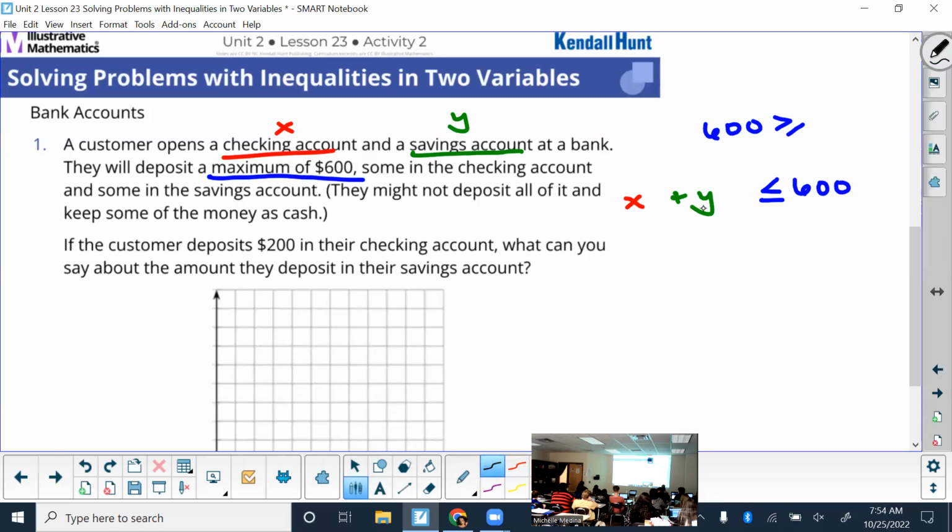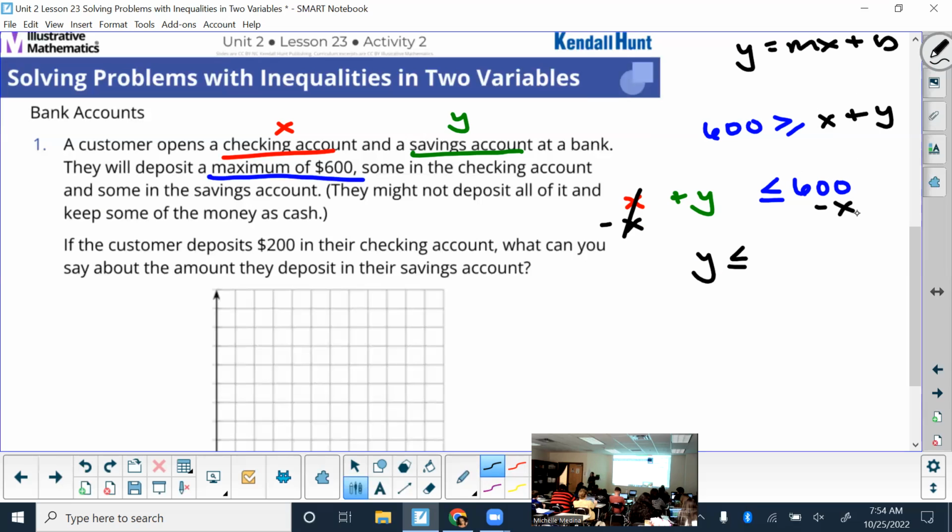Get the y by itself, because that's how it is in y = mx + b. What would I do to get the y alone? Subtract x, whatever you do on one side. And then I have y alone now. I don't need to flip the sign when I subtract, do I? Okay, so leave it the same.